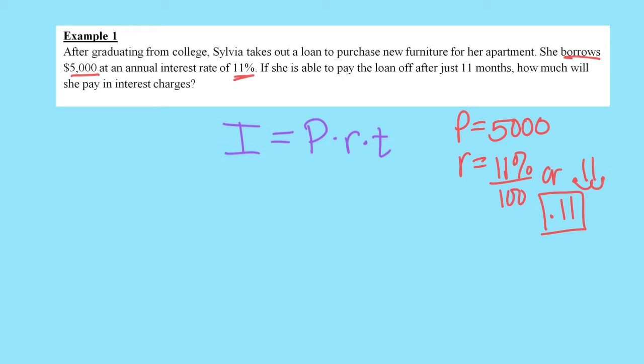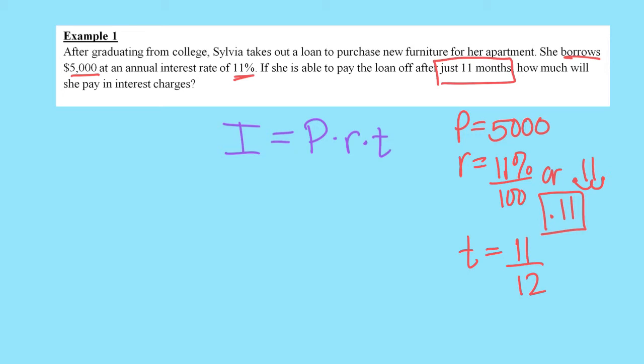How long is she taking this out for? She can pay off the loan in just 11 months. So our time, because it's in months, we have 11 months out of 1 year, which is 12 months. So we would write our time as 11 over 12 because she did not take it out for an entire year. She took it out for 11 of those 12 months.